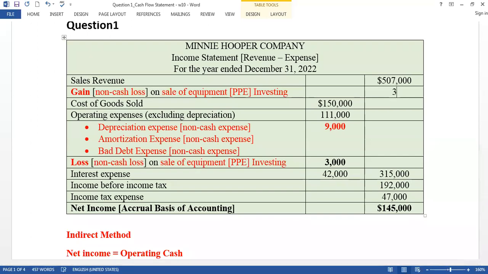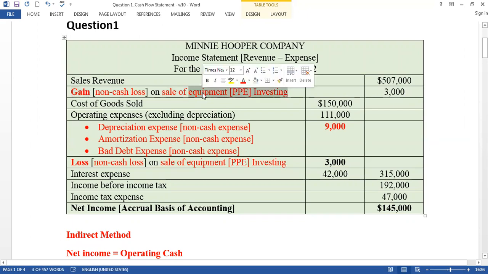Why do you have this gain? Because you sell equipment and you have a gain, right? When you sell equipment, you receive cash, and the cash is already transferred to the investing activities. Clear? But you record the gain under operating activities.